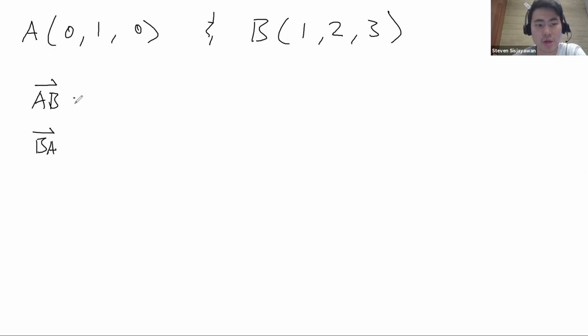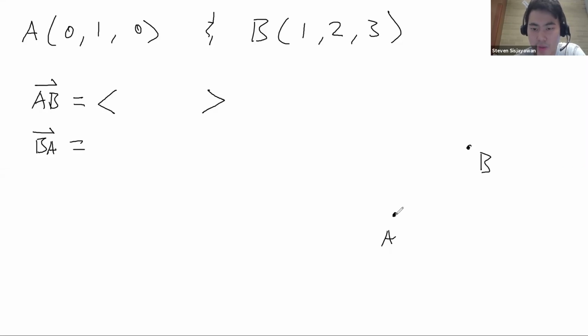I'll be representing my vectors in this format, where you have 2 points with a half arrow on top. In order to find the vector AB, you start off with the second point. If I were to plot it out, let's say A is over here, and B is over there.